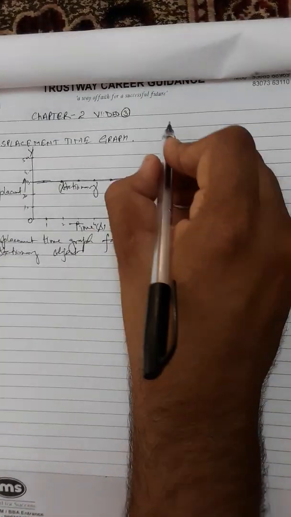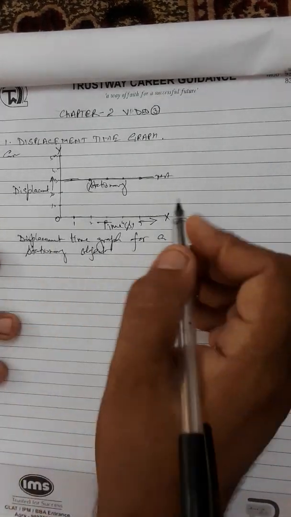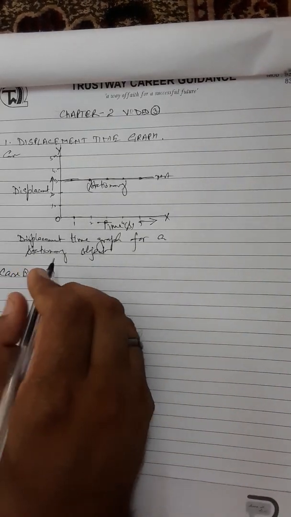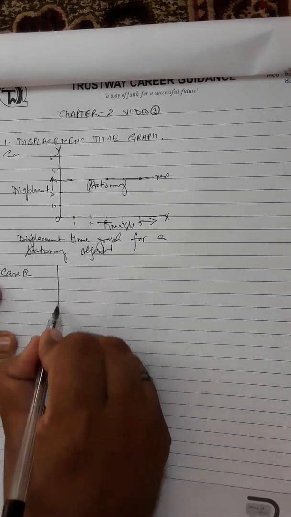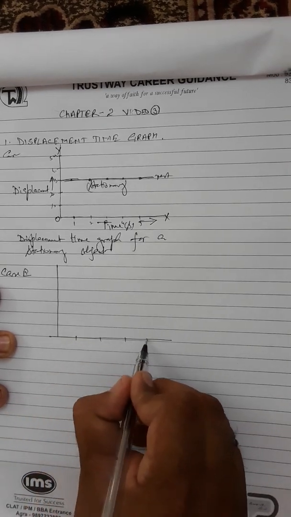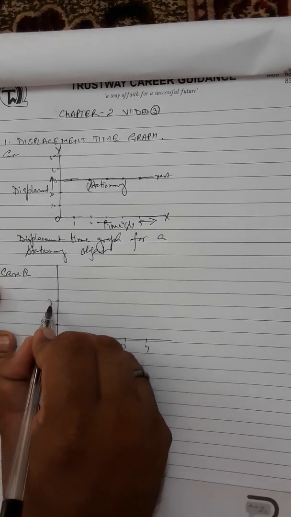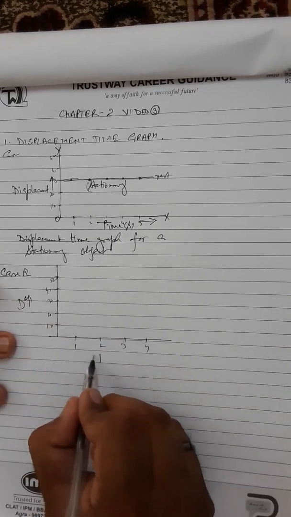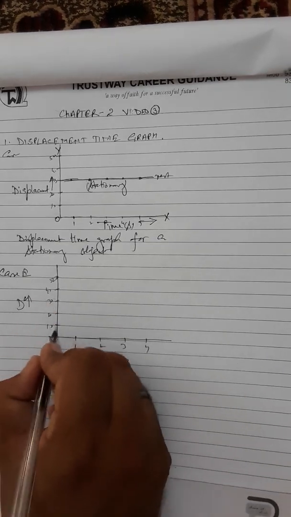In case second, displacement time graph with uniform velocity. Same graph, x-axis 1, 2, 3, 4 seconds, 10, 20, 30, 40, 50, displacement on the y-axis, time on the x-axis.